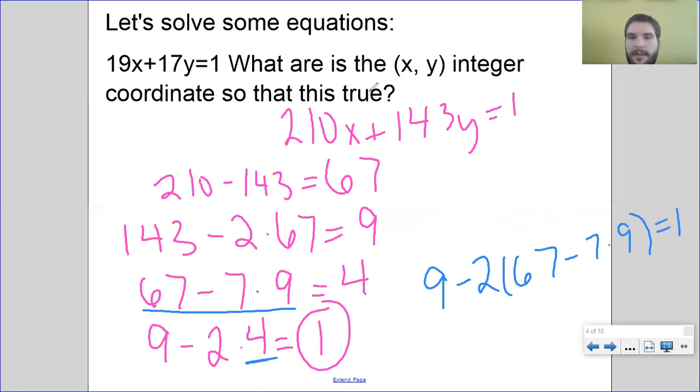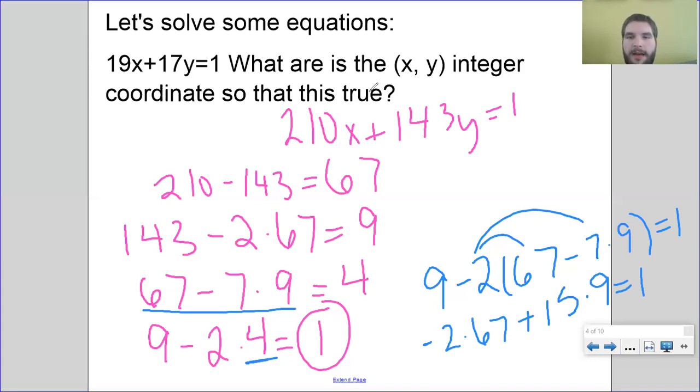And so this will give me negative 2 times 67, and then plus 15 times 9 equals 1.